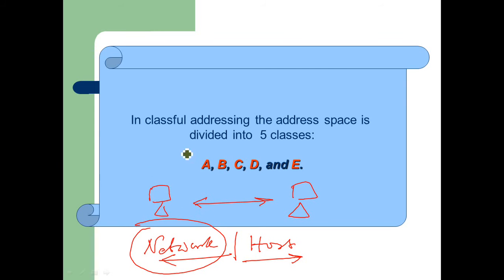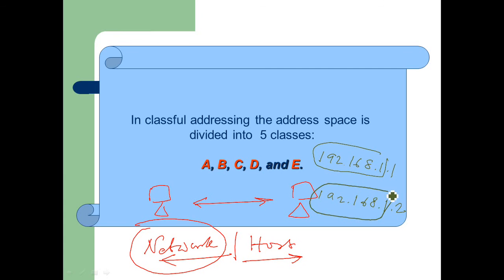So for example, if I take the example of 192.168.1.1 and 192.168.1.2, here in this case you can see this entire portion is common. So for different classes, class A, class B, class C, class D, class E, the different portions are common.